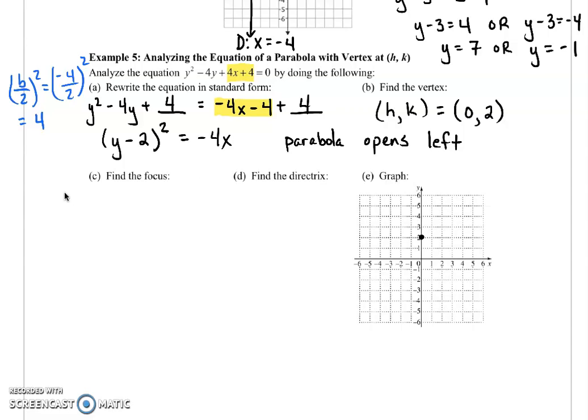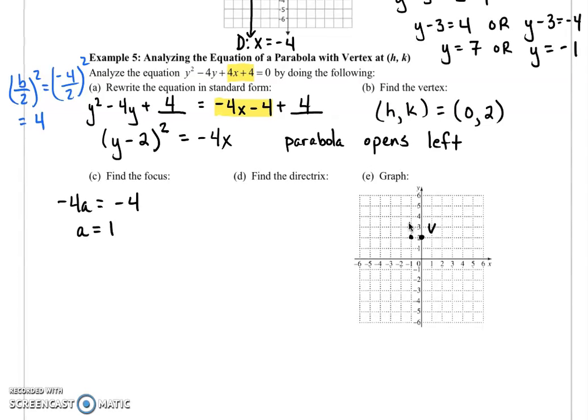So for the focus, first we need to find a. So negative 4a equals negative 4. That means a equals 1. Since the parabola opens left, our focus is 1 unit left of our vertex.